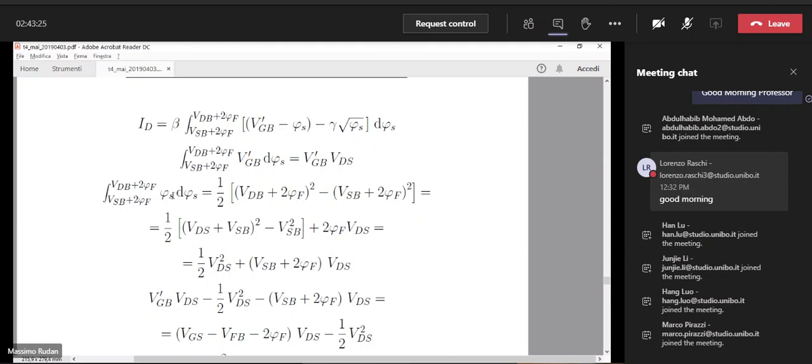So you have this block, apart from the beta, gives you 1/2 [VDB plus 2 phi f] squared minus [VSB plus 2 phi f] squared. When you explicitly do the calculation, you find that many pieces cancel each other. For instance, 2 phi f squared cancels 2 phi f squared here, okay?